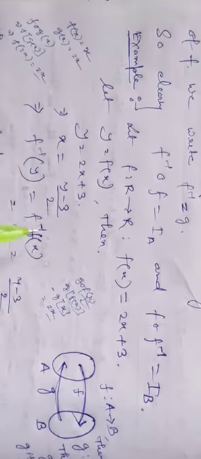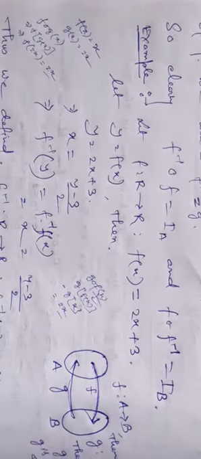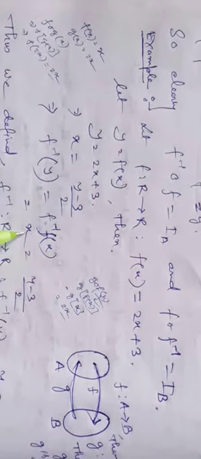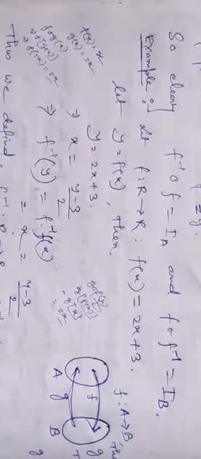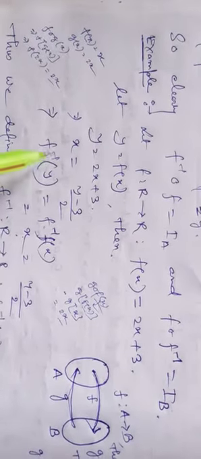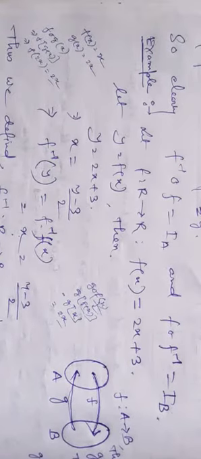Now f inverse and f cancel out, so we get x, which is (y minus 3) by 2. So my f inverse of y is (y minus 3) by 2.